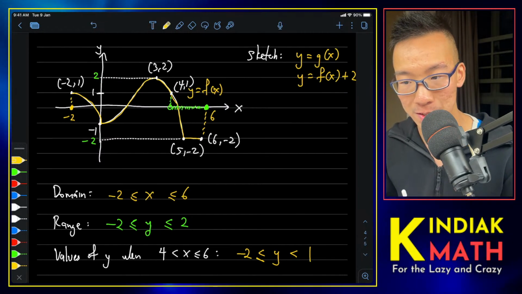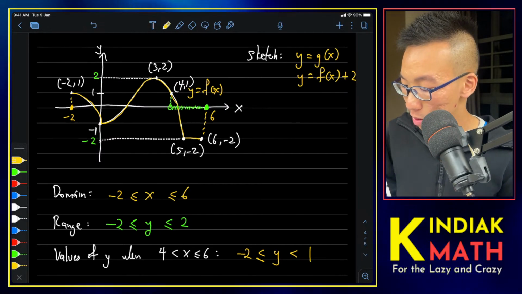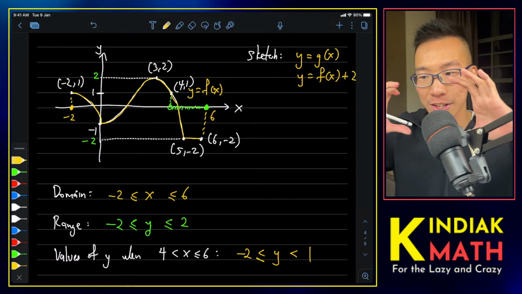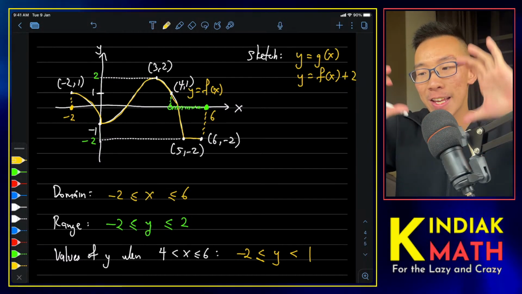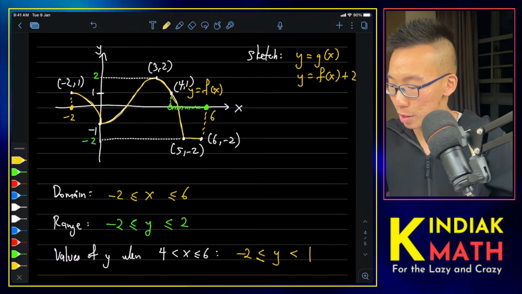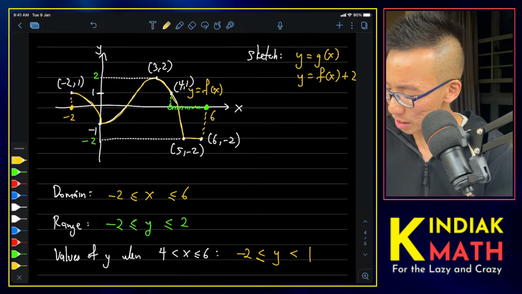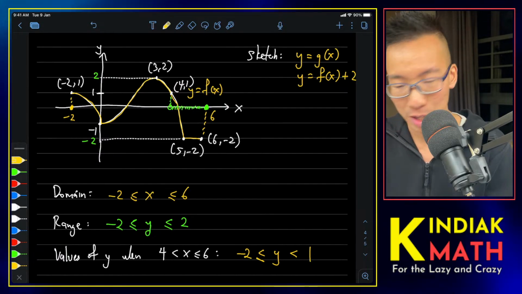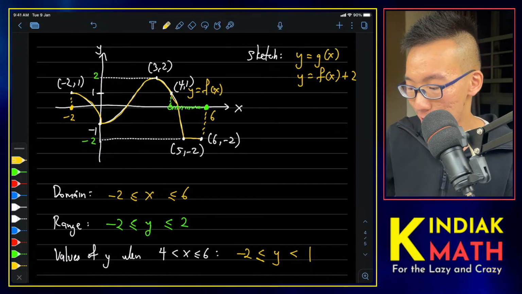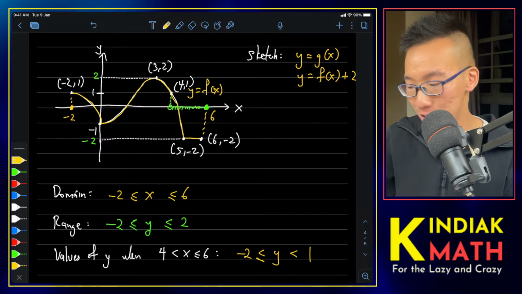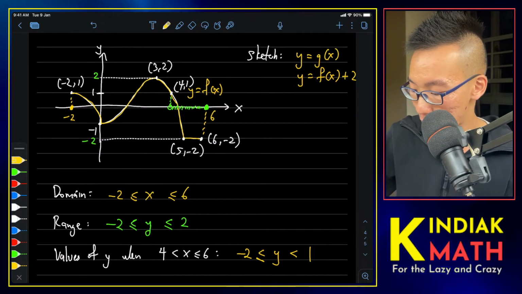So what does that look like? Well, essentially, we're going to take the entire graph and translate it up by 2 units. You can use the grids to help you identify the relevant points. Unfortunately, I need to refer to my own drawing for this.